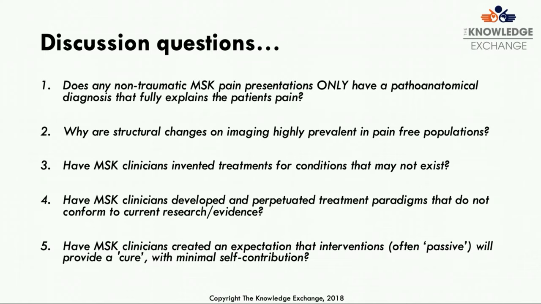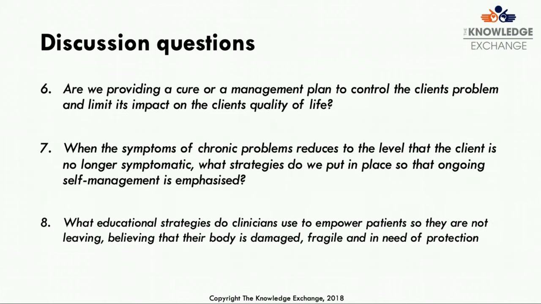Have clinicians developed and perpetuated treatment paradigms that do not conform to the current research or evidence? Have clinicians created an expectation that interventions, sometimes and often passive, will provide a cure with minimal self-contribution? Are we providing a cure to the management of a patient's symptoms?